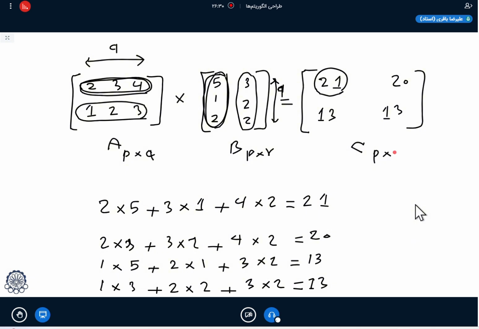C will be P multiplied by R, with P rows and R columns.